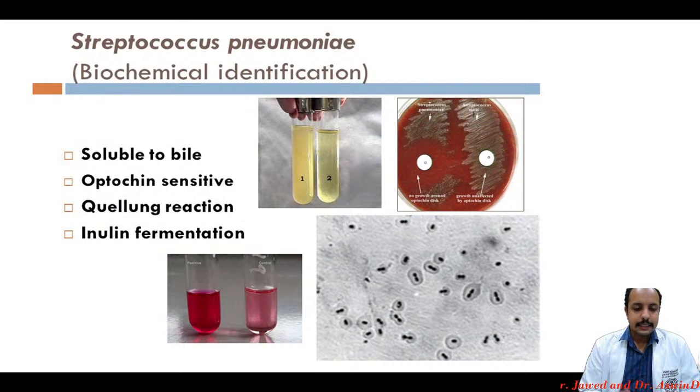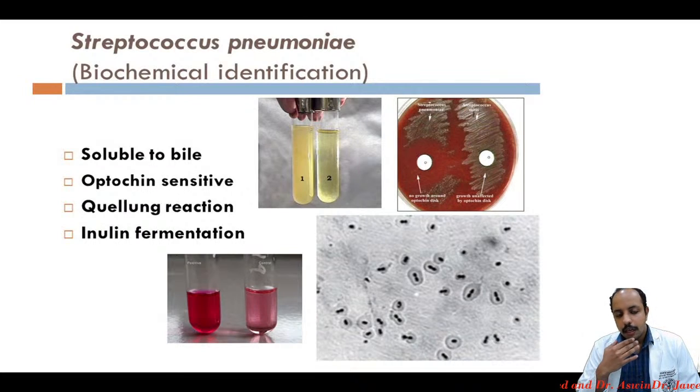And optochin sensitivity is answered by Streptococcus pneumoniae. They are sensitive to 5 microgram of optochin disc, but Streptococcus viridans is not sensitive. Now the inulin fermentation, Streptococcus pneumoniae ferments inulin to produce acid, while Streptococcus viridans does not.